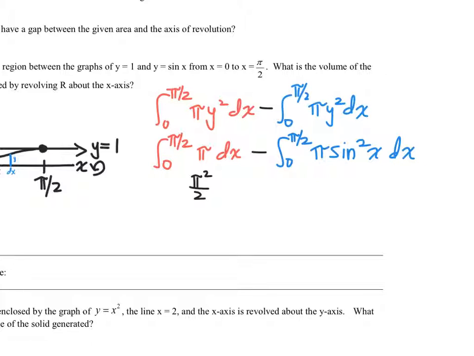All right. The other part, we have to do our substitution. So minus the integral going from 0 to pi over 2, pi times, what's the substitution for sine squared? One half, 1/2 minus cosine 2x.